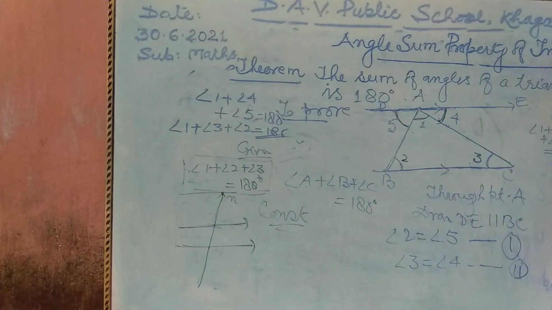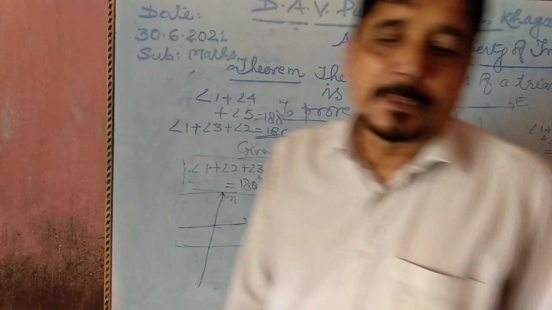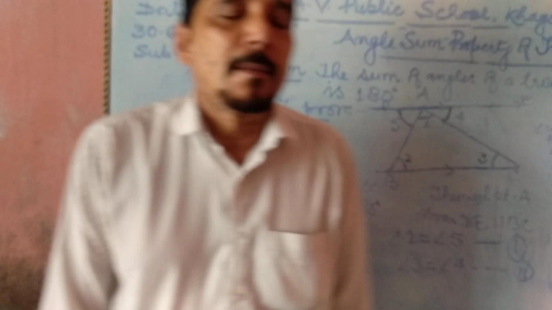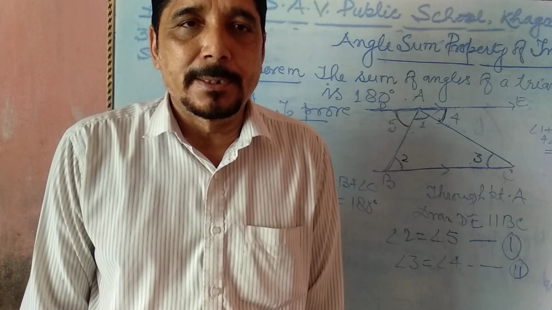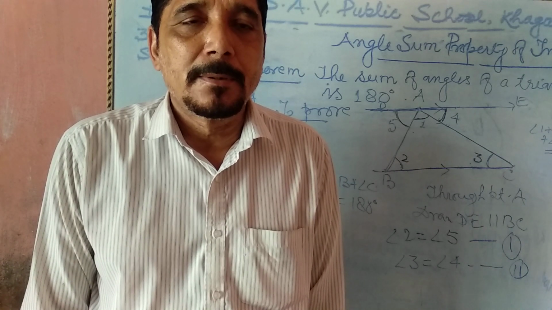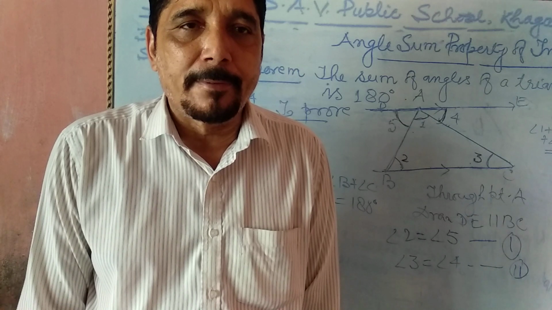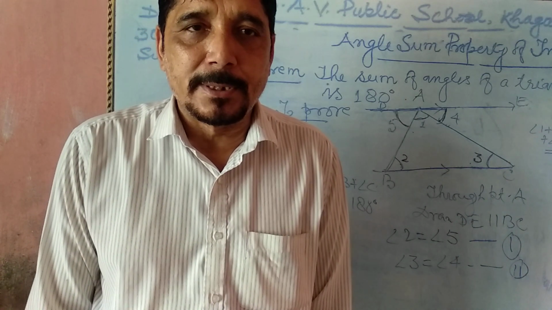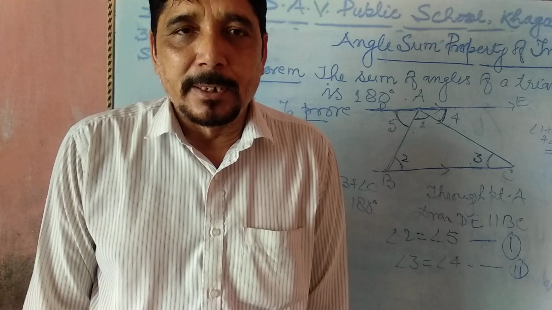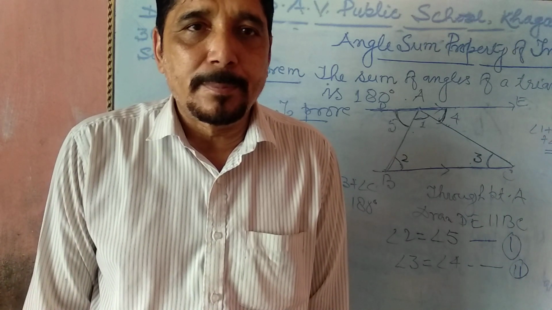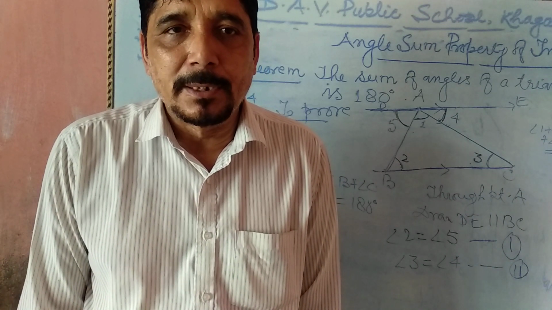First result, each pair of corresponding angles are equal. Second, each pair of alternate interior angles are equal. And the third, the sum of consecutive interior angles on one side of the transversal is supplementary, means 180 degrees. The sum of two consecutive interior angles will always be 180 degrees.